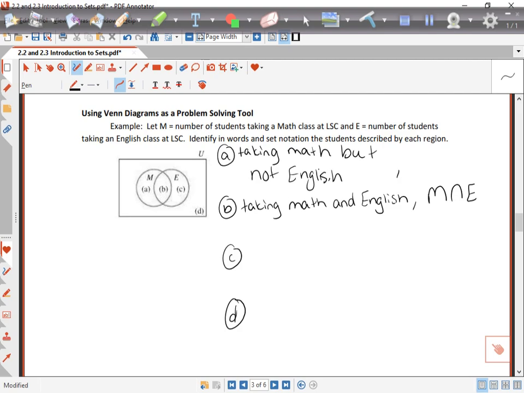A way to represent that is you could take the whole math circle and take away what's in English. C is the opposite, taking English but not math. So we could say it's the whole English circle minus the math circle.